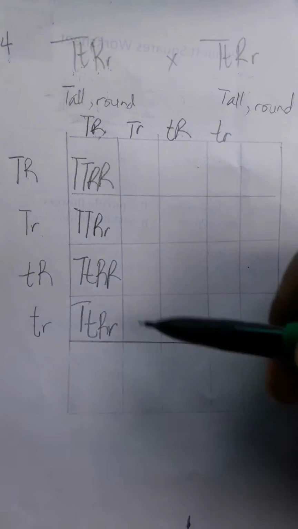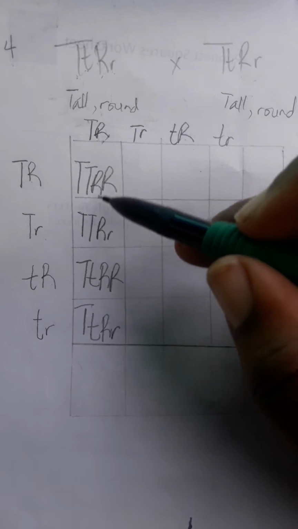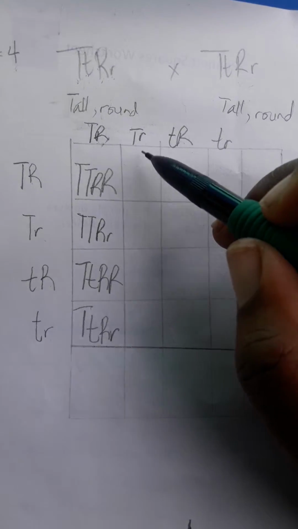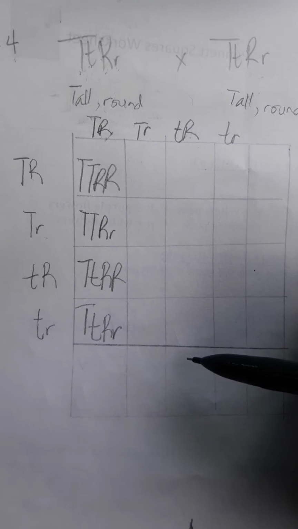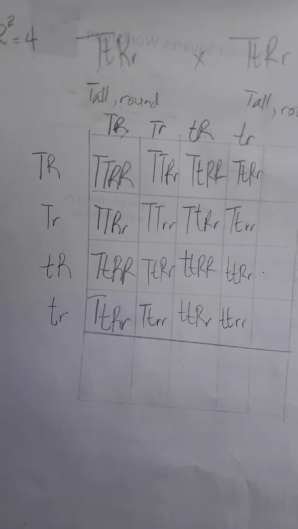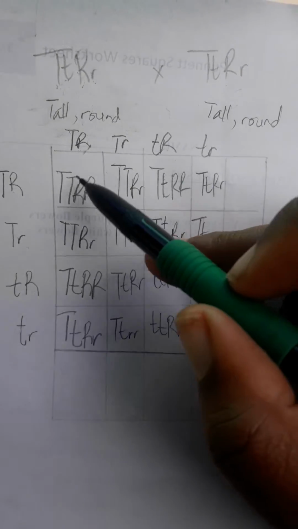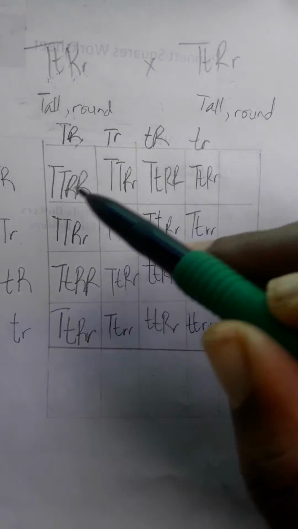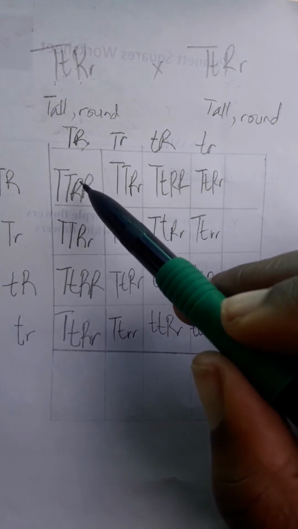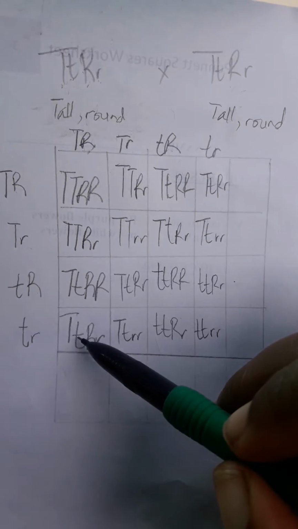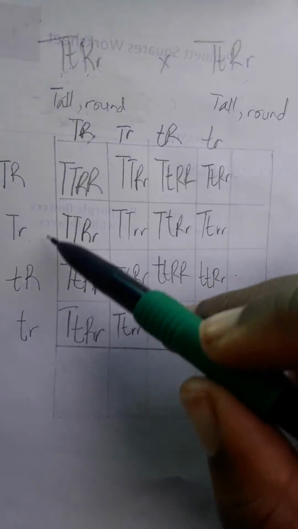Good. So you can see we're on a good path here. You can continue the trend and fill in the entire table. And there you have it. So now we have all the possible combinations, and we have a total of 16.